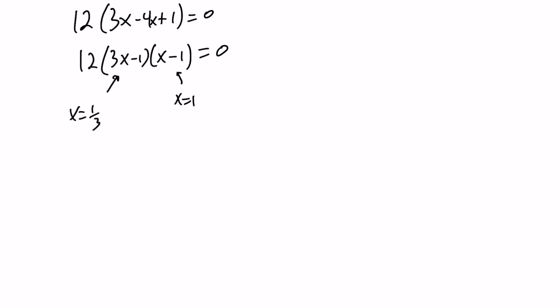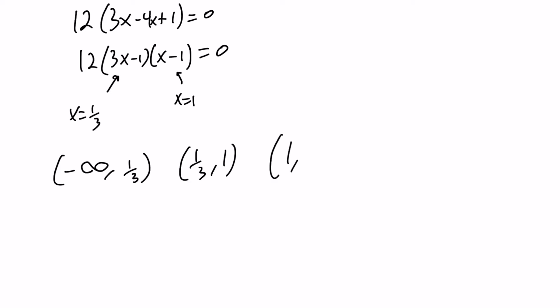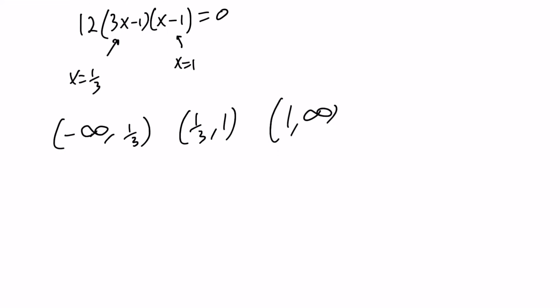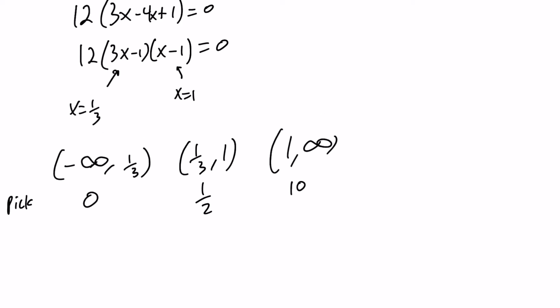We can use these points to break the number line into intervals again. We have an interval from minus infinity to 1/3, an interval from 1/3 to 1, and an interval from 1 to infinity. And if we pick points from here, I'll pick 0, 1/2, and 10.